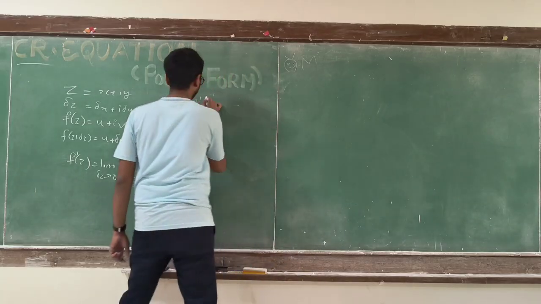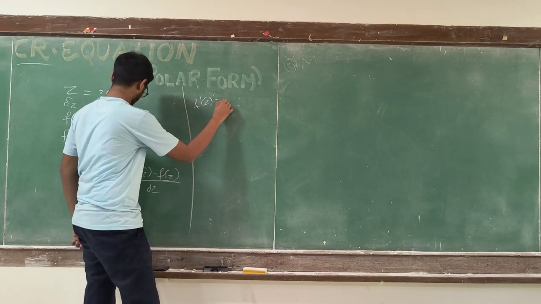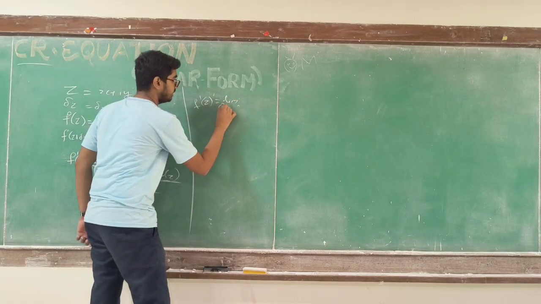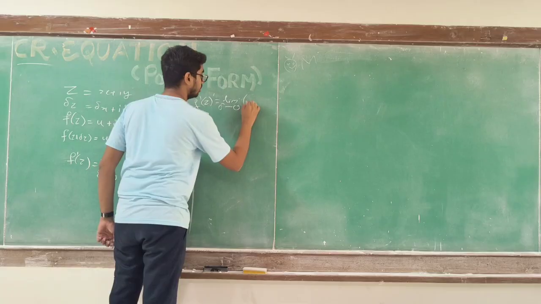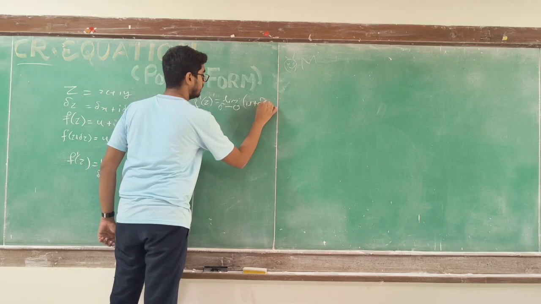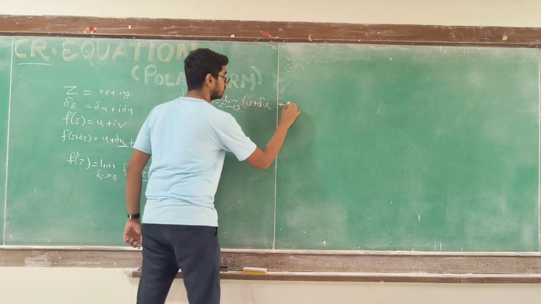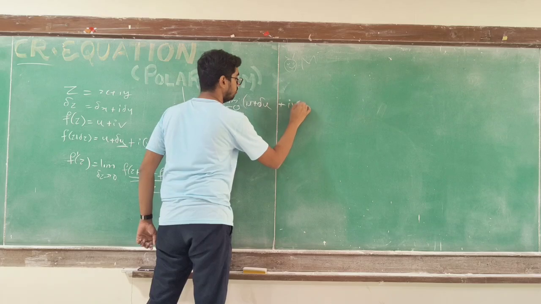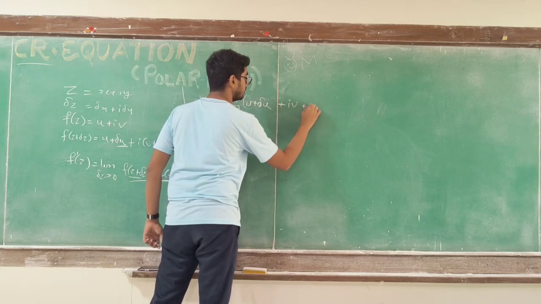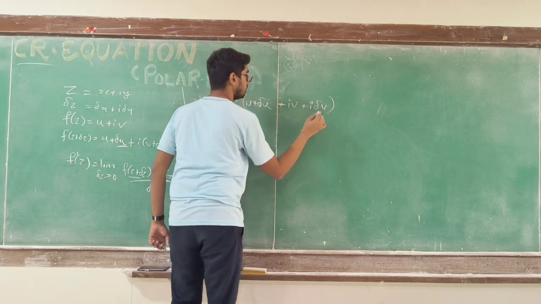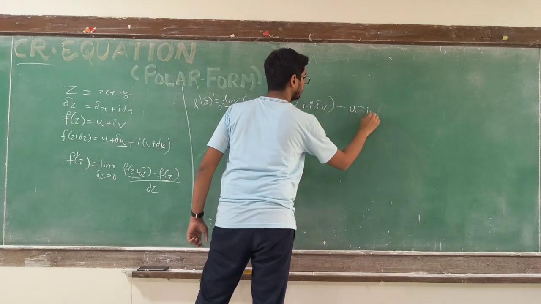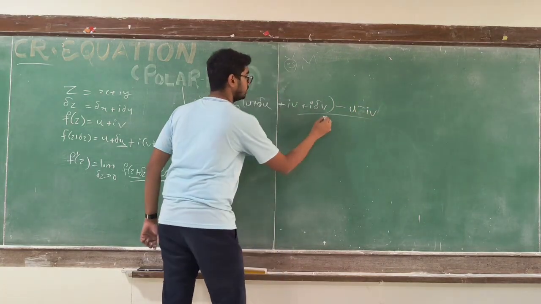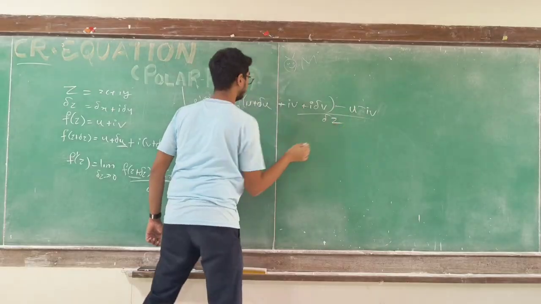We will get f dash of z equals limit del z tends to 0 of u plus del u plus i v plus i del v minus u minus i v, where the bracket will open up and the negative sign will go on both, divided by del z.